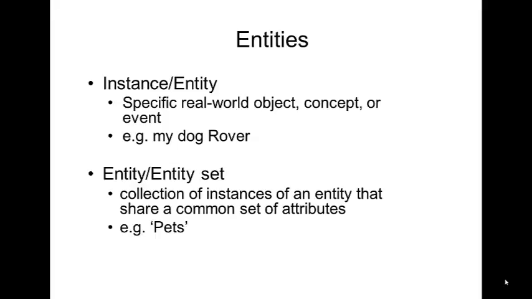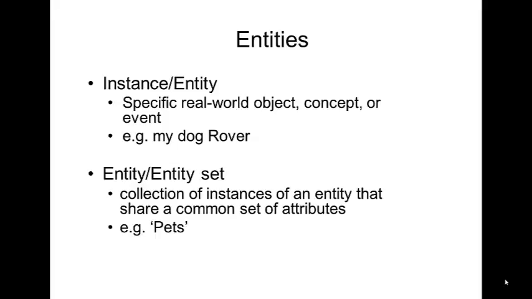So an entity is a thing in the real world, and this in object terms is often called an instance. There's a bit of confusion over terminology. So instance in object terms, entity in relational terms, is a specific real thing in the world.